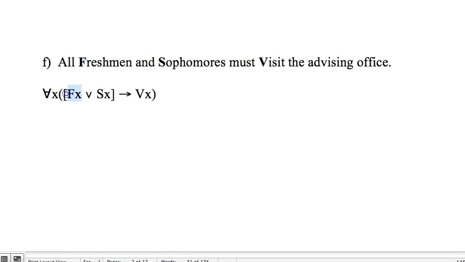So if you're a freshman or a sophomore, then you have to visit the advising office. We know you could also do this sentence this way, and it wouldn't be wrong. It's up to you which way you do it.